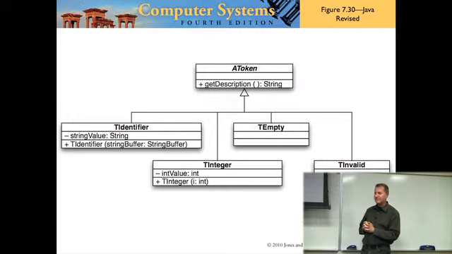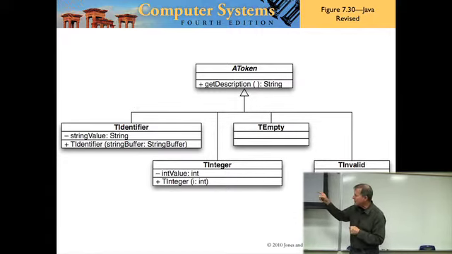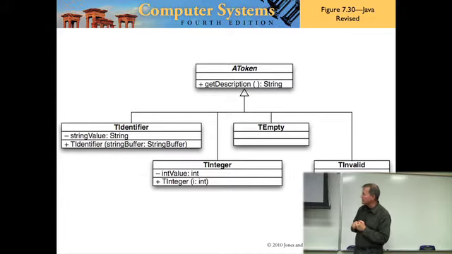An identifier is a string of characters, so that's its value. And then there's an additional thing that it has: a constructor. And what type of parameter does it have? It has one parameter called string buffer, of type uppercase S StringBuffer.